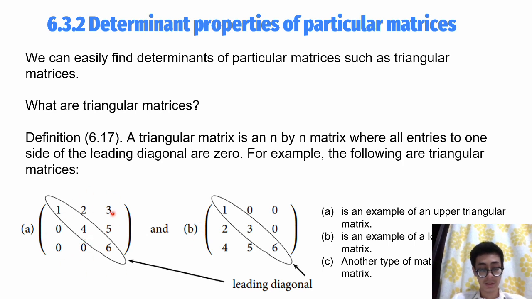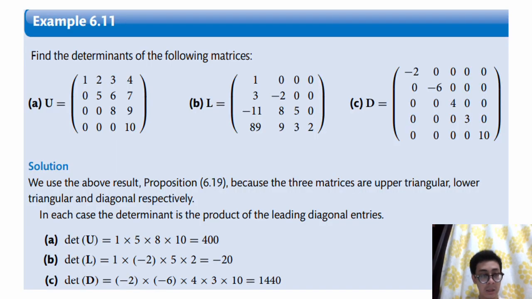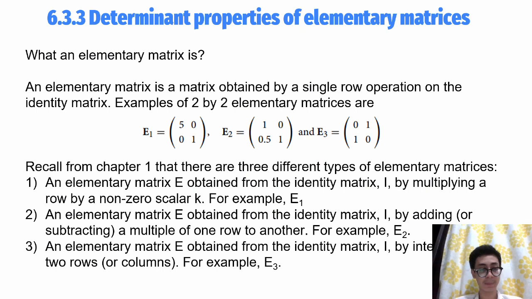The A matrix is an example of an upper triangular matrix. B is an example of a lower triangular matrix. Another type of matrix is diagonal matrix. This is the leading diagonal. This is the example.